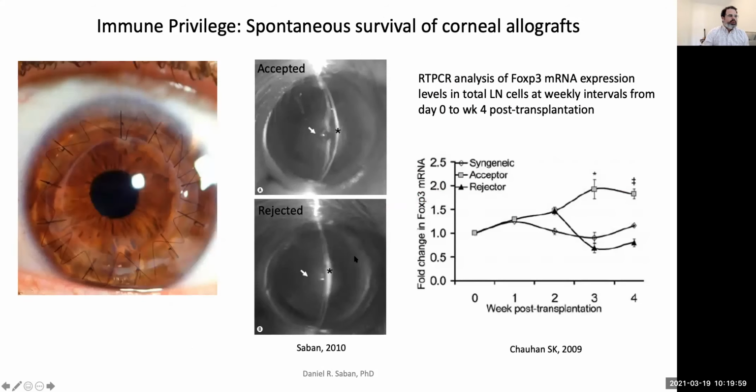Another clinical piece of evidence of immune privilege is in the corneal transplantation setting. Here is an allografted cornea in patients. From my understanding, this is the only full tissue graft organ transplant that does not need to be tissue typed in order for the graft to survive.